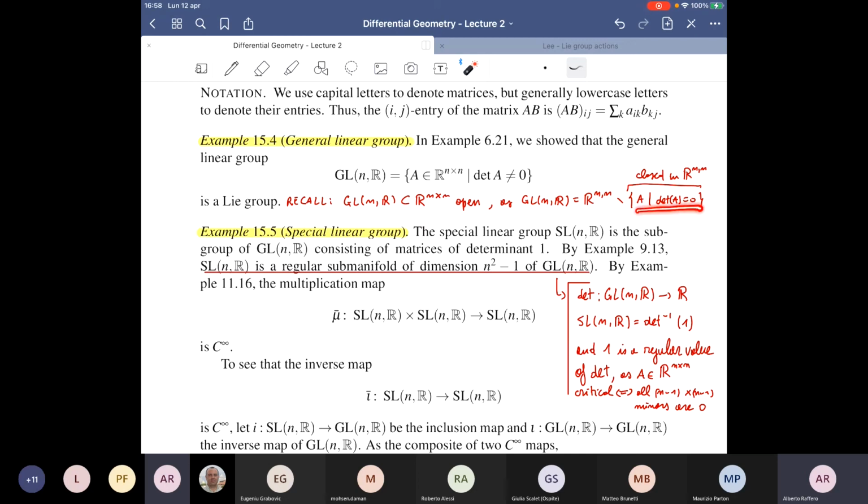So this is a closed subset in the space of matrices, and the general linear group is the complement of this closed subset, and so it is open. And being open, it is an open submanifold of this manifold of n times n matrices, and so it has a natural smooth structure induced from the smooth structure of this space.